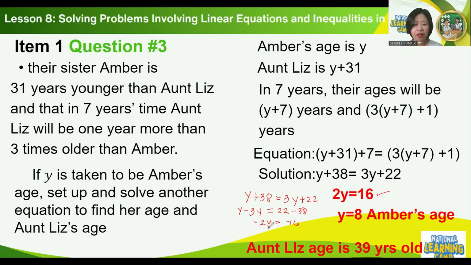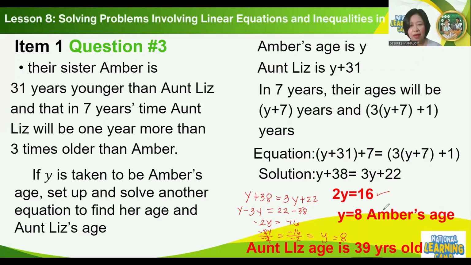And divide both sides by negative 2. Negative 2y divided by negative 2. On the right side, negative 16 divided by negative 2. So cancel this and then y is equal to positive 8. So that's why we have y is equal to 8.